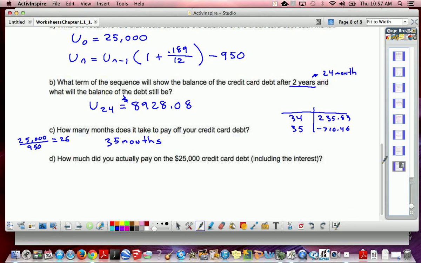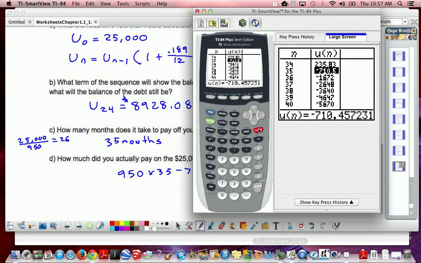So, how much did I actually pay on the $25,000 credit card? This is going to surprise you. $950 times 35, and then I'm going to subtract the 710.46.